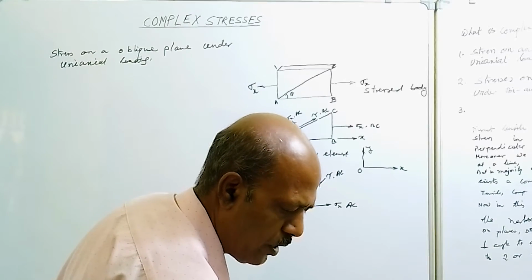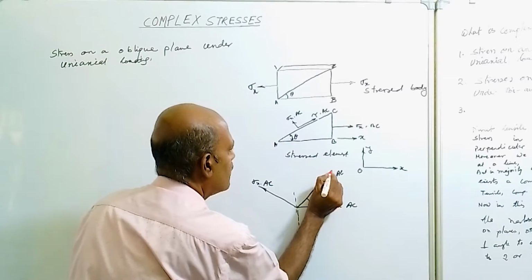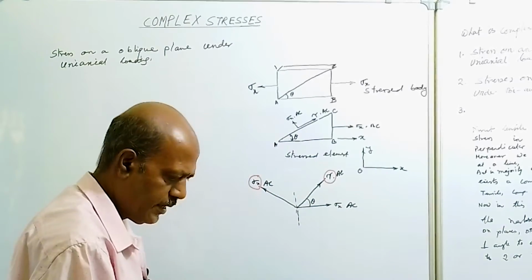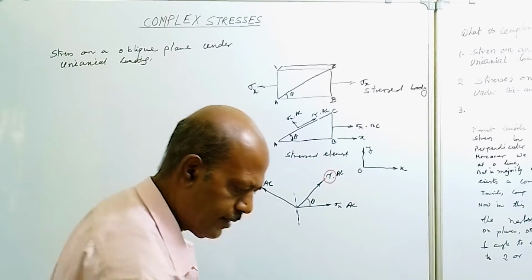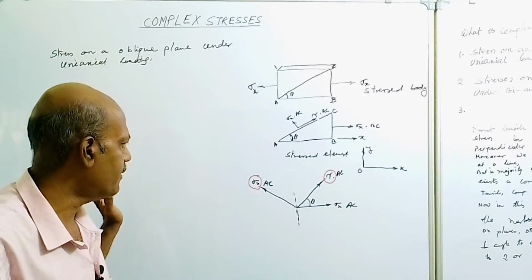Now we are going to find out the values of tau and sigma n, that is the normal stress as well as the shear stress acting on the inclined plane. That is our main target.